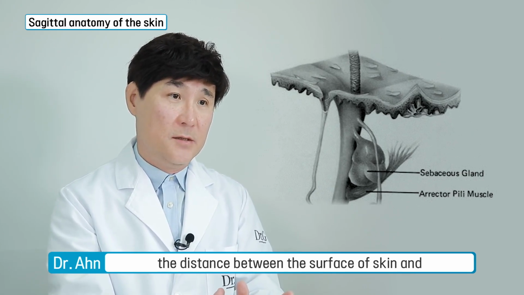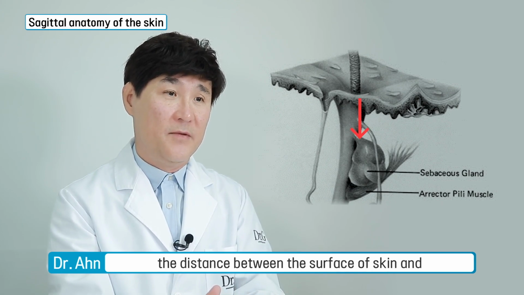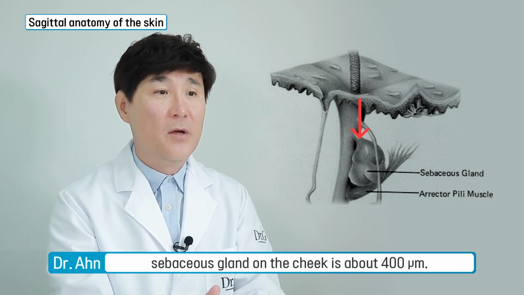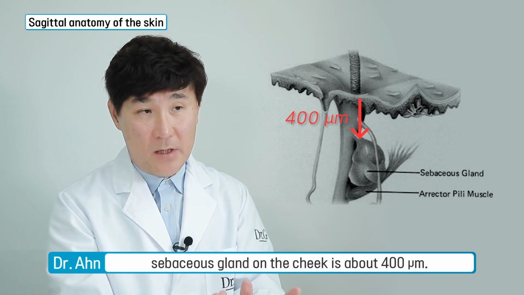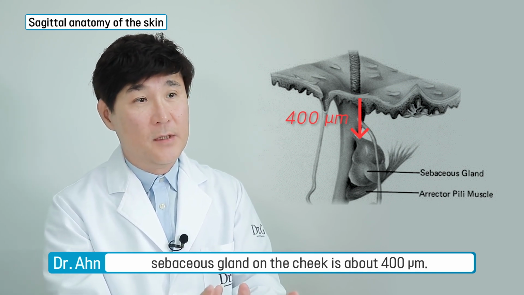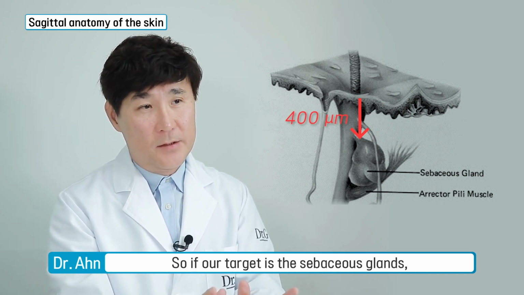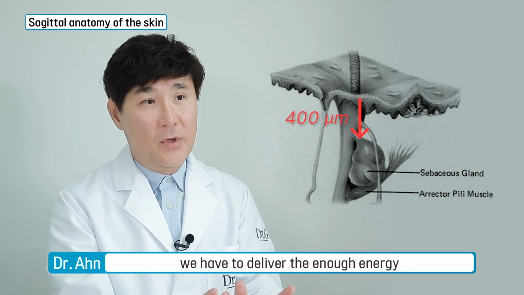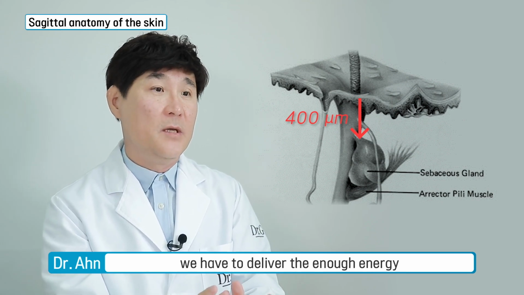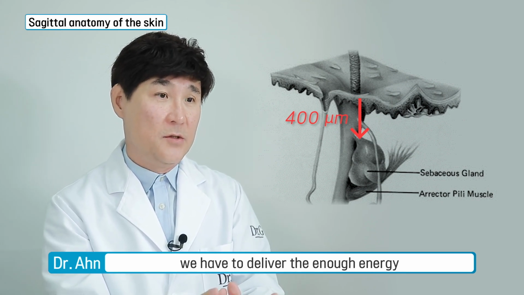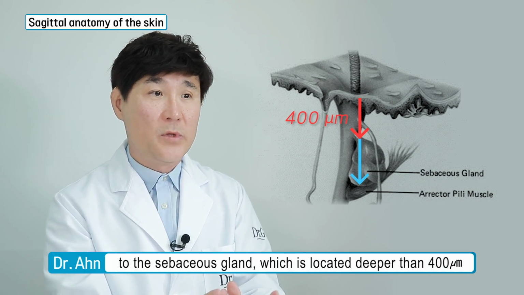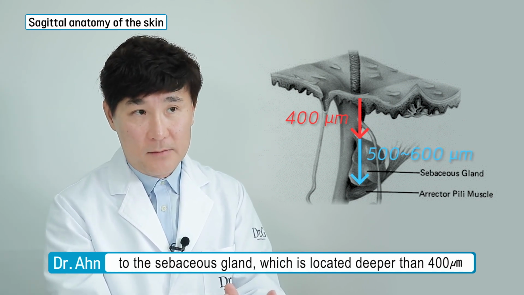The distance from the skin surface to the sebaceous gland is about 400 micrometers in our cheek area. So if our target is the sebaceous gland, we have to deliver enough energy to the sebaceous gland, more than 400 micrometers.